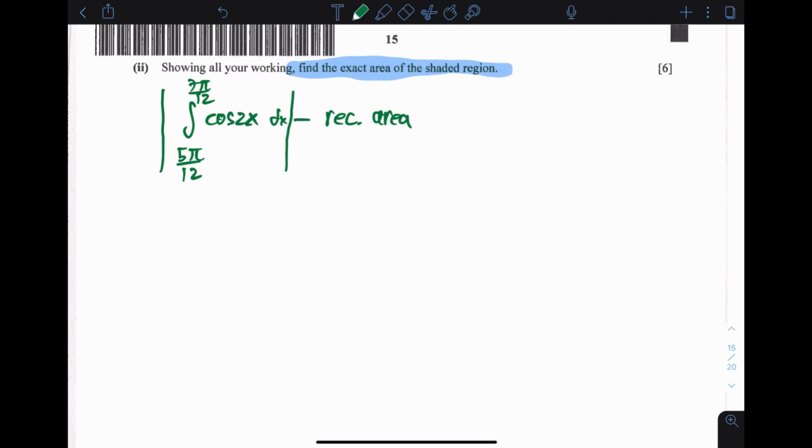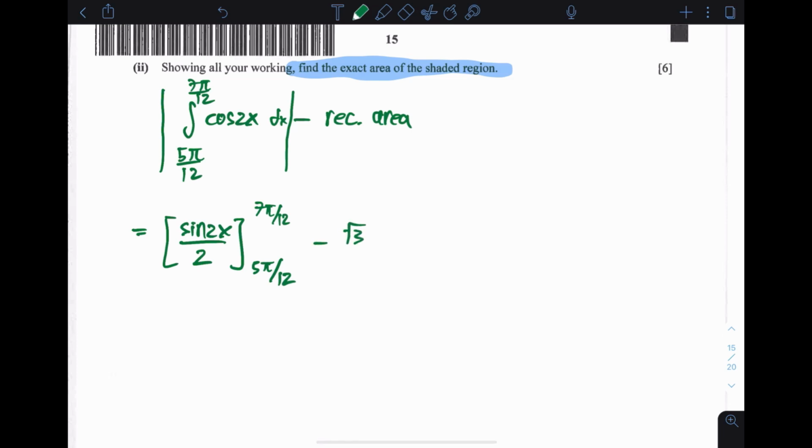Integrating cosine 2x will be sine 2x divided by 2. Put down the range of values, 7 pi over 12 and 5 pi over 12, minus the rectangle area just now, root 3 pi over 12.